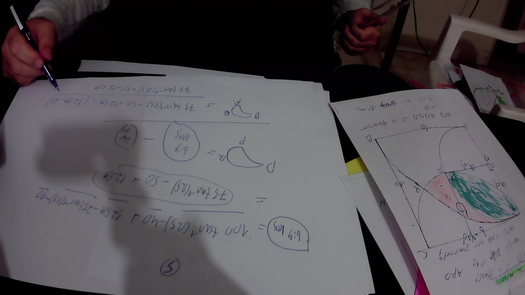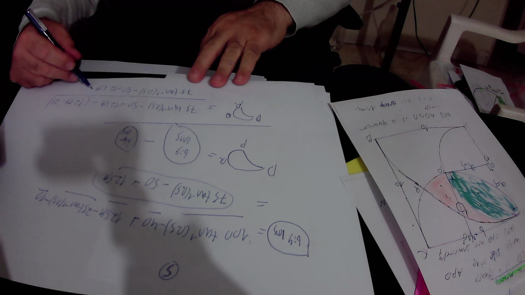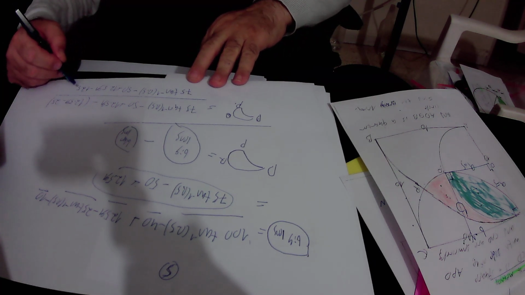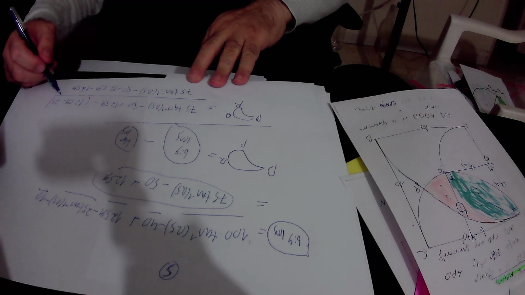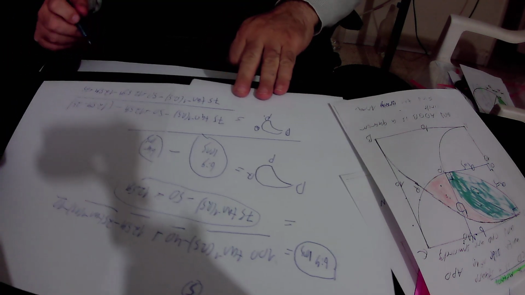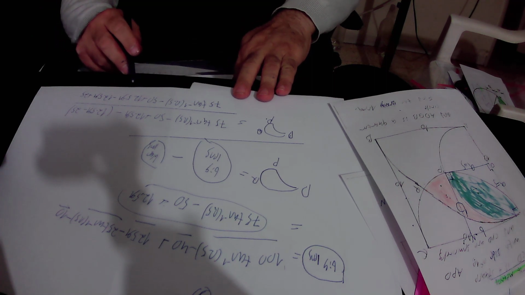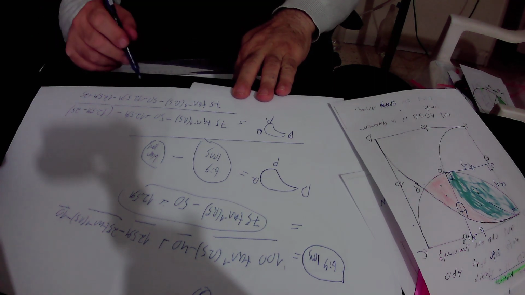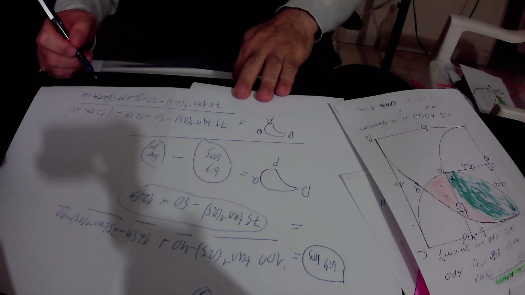Here we will open the brackets, so here it will be minus 12.5 pi, minus and minus is plus, so here we will have plus 25. Okay, so here we have 12.5 pi minus 12.5 pi, that is 0, so it will get cancelled.